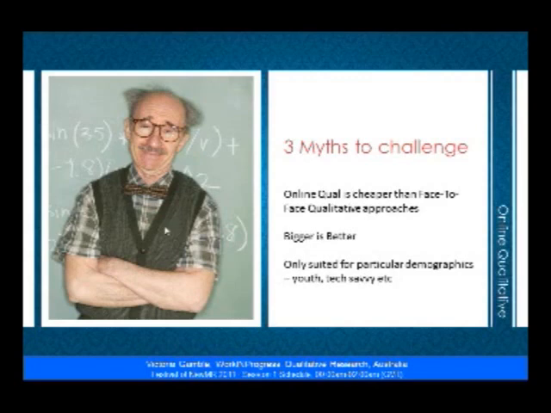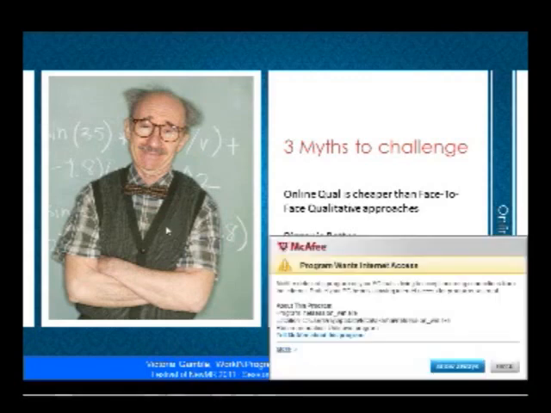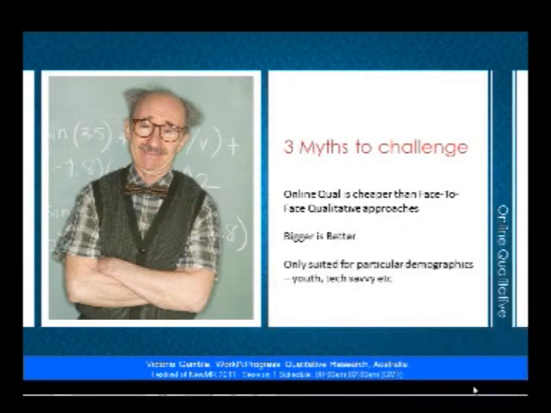Whilst you are losing things like room costs and travel costs, you are having to pay for platform hire. You also get a lot of data out of the project, which means increased analysis time as well. So the belief that online is cheaper than face-to-face is often a little bit flawed, so you really need to give that a bit of thought.